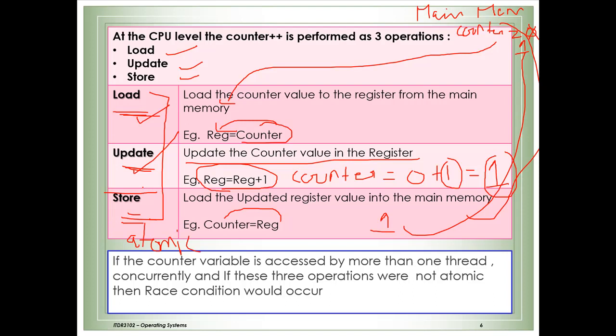The CPU is assigned to some other thread or process, and this preempted process would get the chance after some time, then it would continue the store operation. Because of this, if load, update and store are not taking place together, if they are not atomic, then there is a chance for the race condition problem to happen.